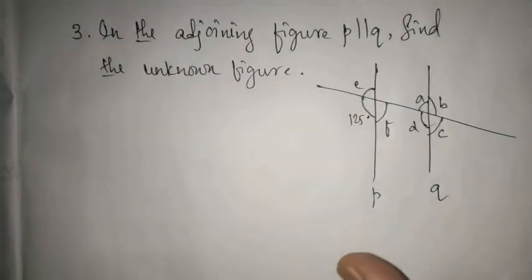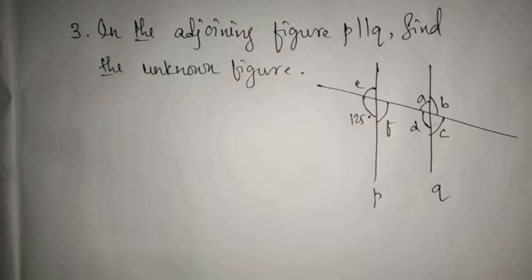The concepts we are going to use are the properties we have till now: corresponding angles, alternate interior angles, vertically opposite angles, or linear pair, those concepts which we have done in exercise 5.1 till question number 14, and exercise 5.2 which we did yesterday and right now in the previous questions. Those concepts we are going to use here to solve this.